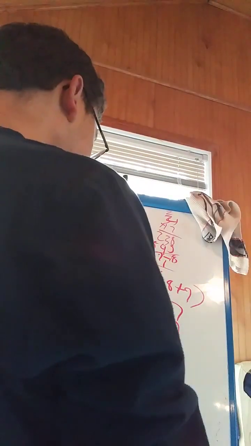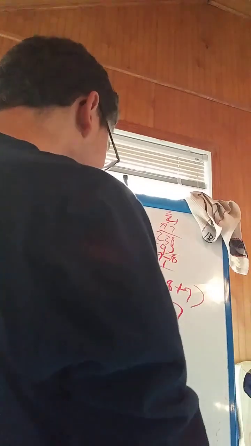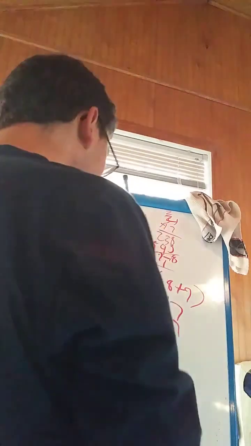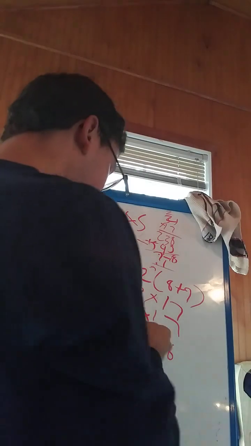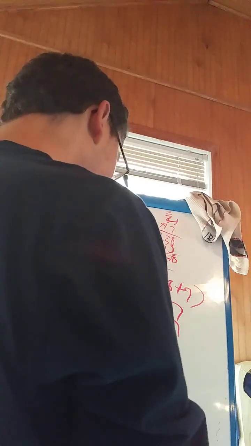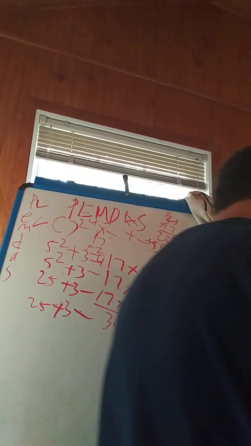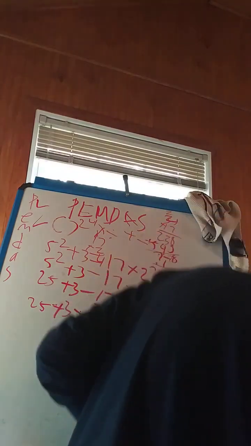So we take 34 times 778. Okay, let's do that again. So take the bigger number, 778. Okay, I need to do that again.